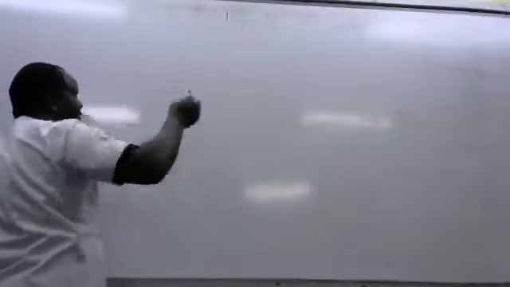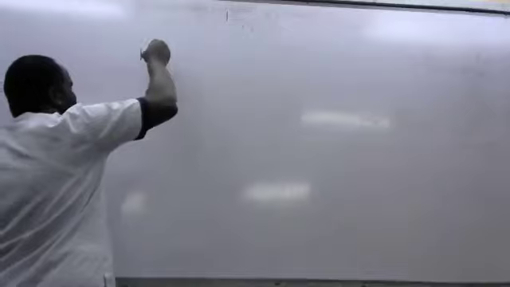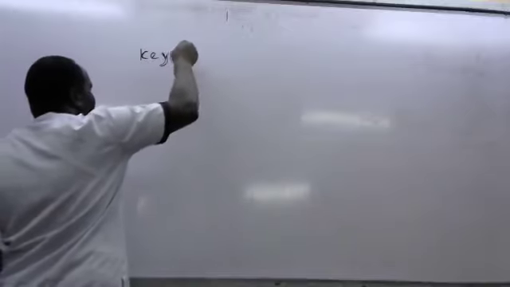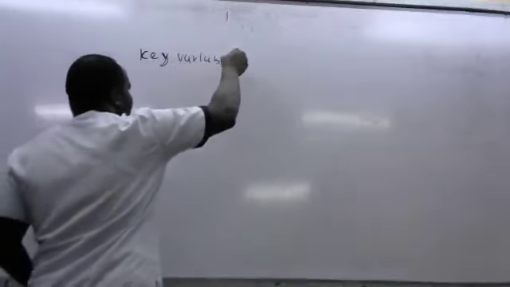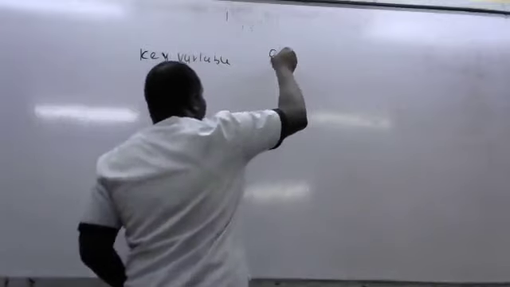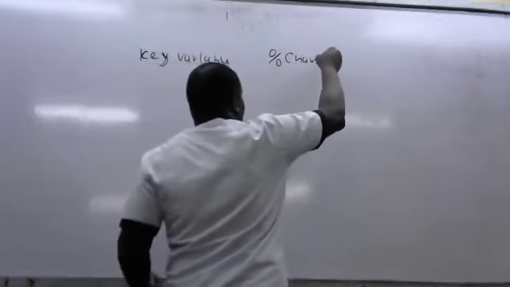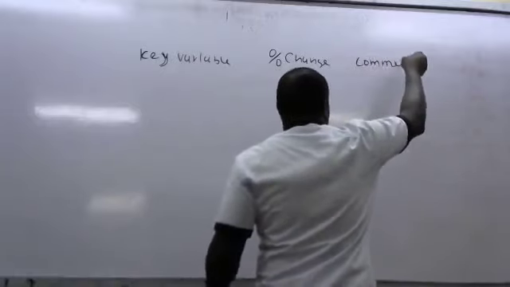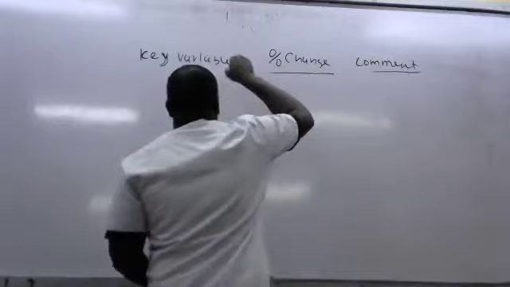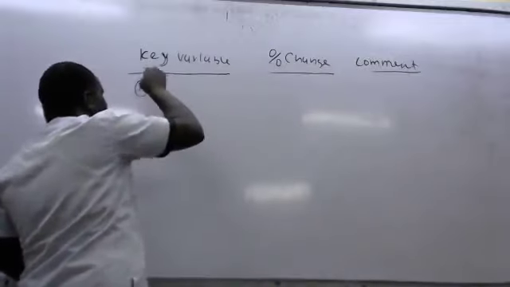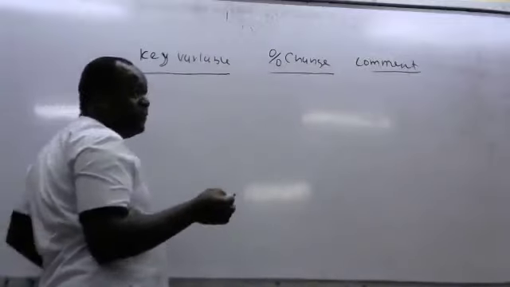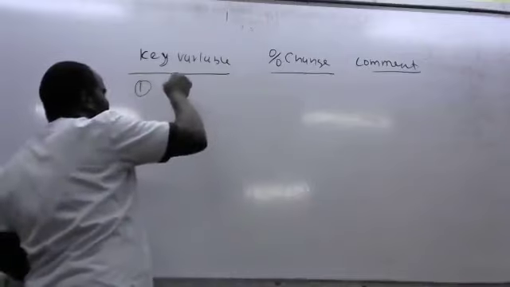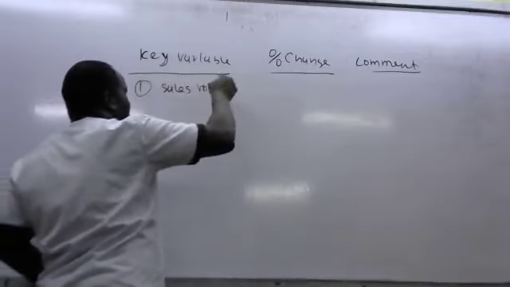So when we are commenting, there is the key variable, then the percentage change. Then now you comment. So the first one was the sales volume. How much was the sales volume?